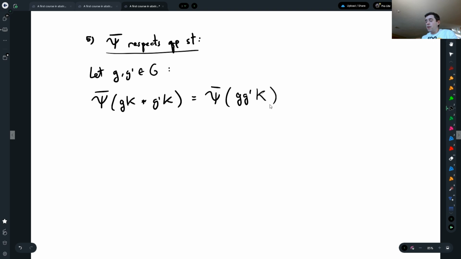Now, by the definition of psi bar, this is just psi evaluated at the generator of the coset. Psi itself is a group homomorphism, so it does respect structure.